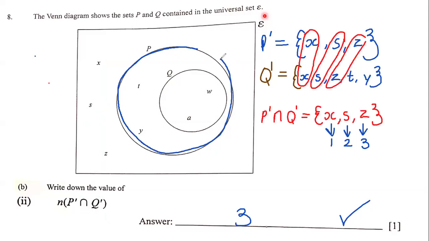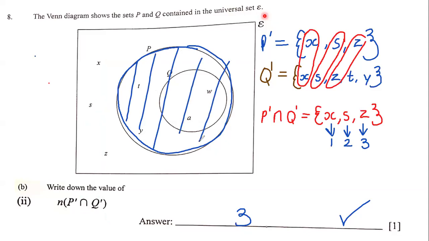So P complement means everything that is inside P, you do not include. If we don't include what's inside of P, what are we left with? X, S, Z. Very good, X, S, and Z. And that's why we have X, S, and Z here. That makes sense? Yes, sir.